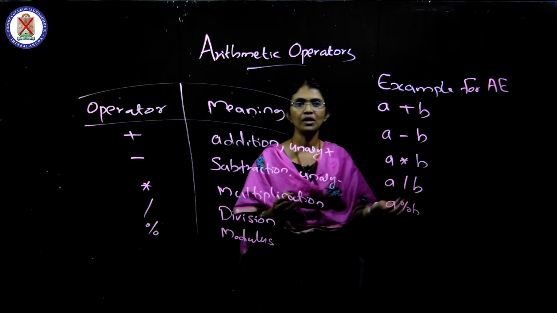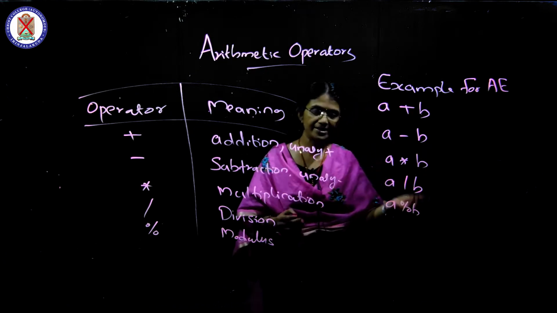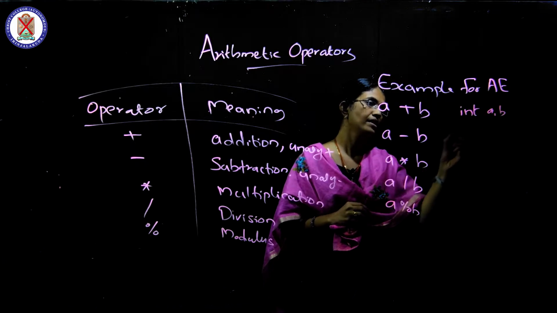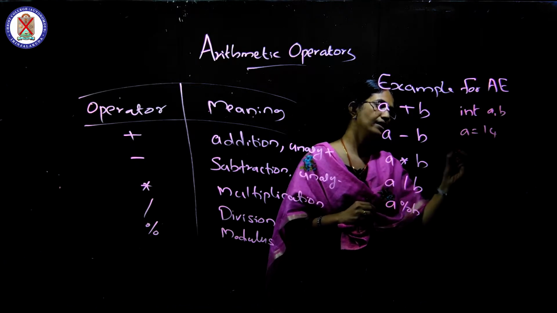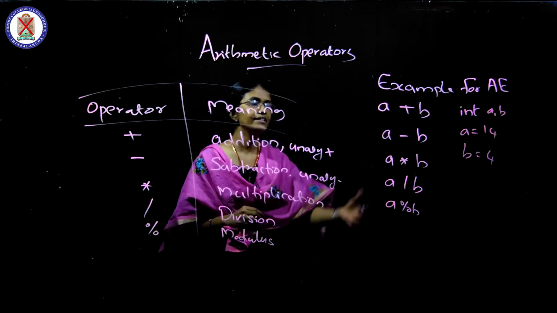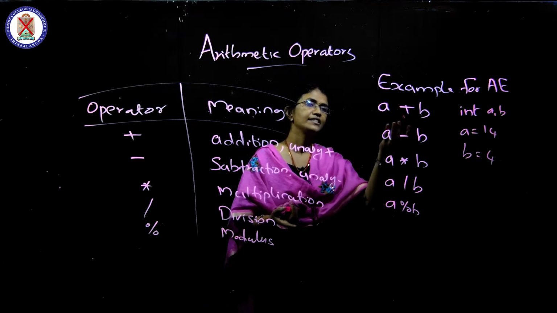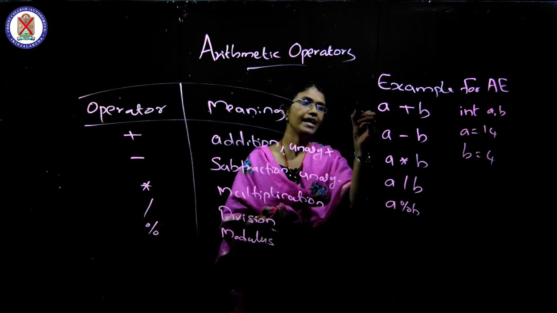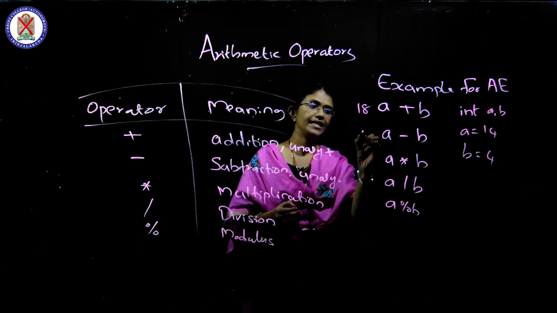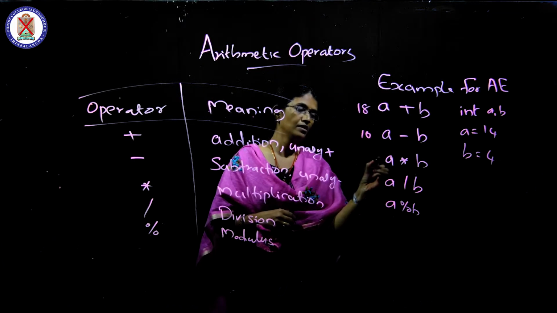If we have two integer variables a and b, with a equal to 14 and b equal to 4, we can see the value of these expressions. In the first case, it's just the sum, and its value is 18. The second case, a minus b, is 10, and so on. Then a times b is 56.